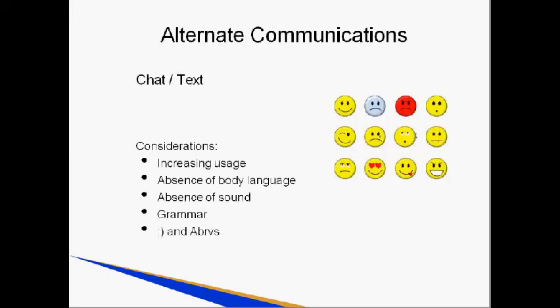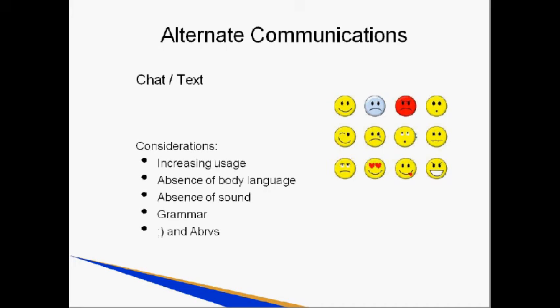Now, that's not exactly the same when it comes to instant communication such as chat or text. There, while it's the same issues as with emails, people usually feel a little bit freer in using chat and text, and so they omit a lot of the proper grammar and punctuation.